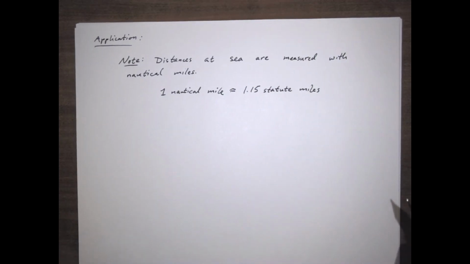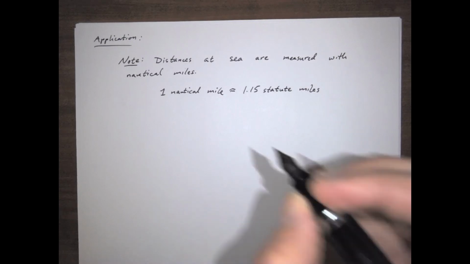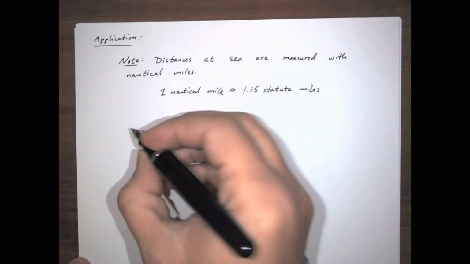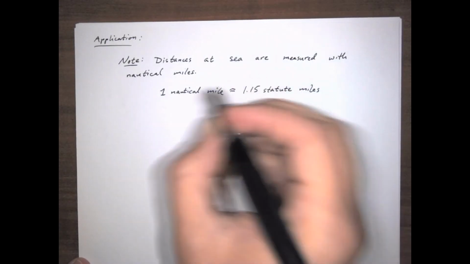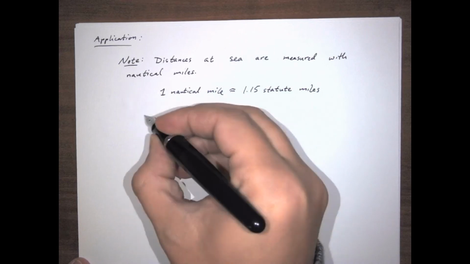The reason originally why these were the units is because a nautical mile is 1 minute of the arc for the Earth's surface. But that's not really what matters to us now. What matters to us is just to know that that's the unit.